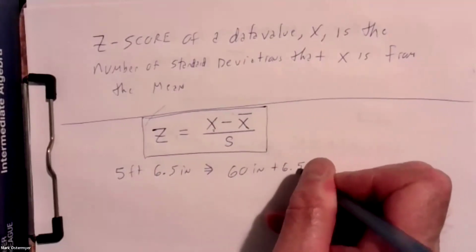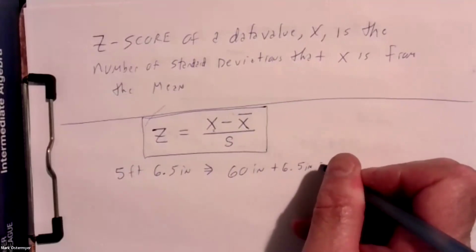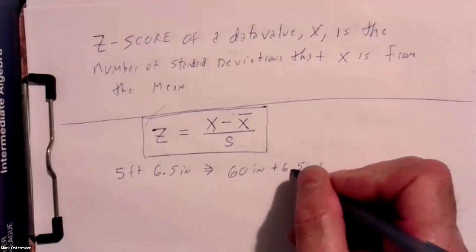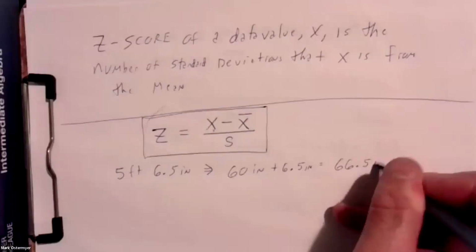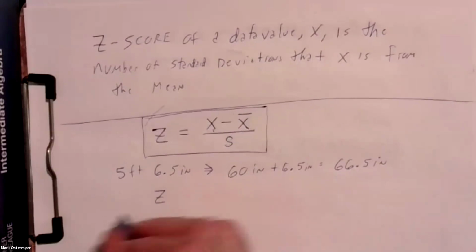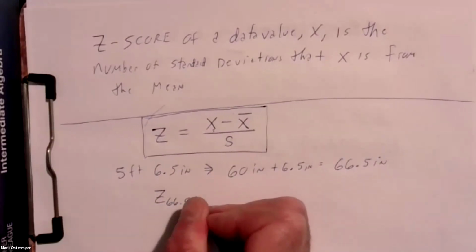And what's 60 plus 6.5 inches? 66.5. Okay. I want to find a z-score now of this 66.5 inch measurement.